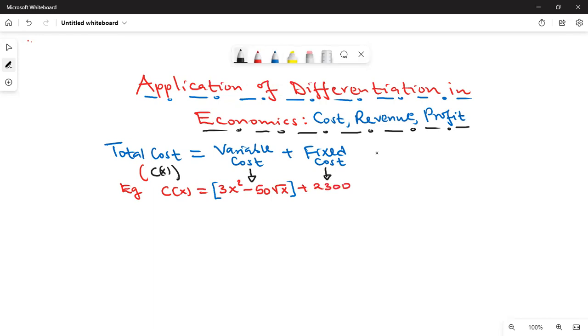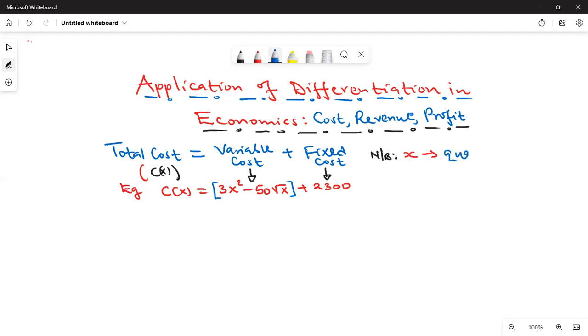Now, what do you mean by x? Take note that what we are referring to as x, it simply means the quantity, or simply the quantity produced by the manufacturer.